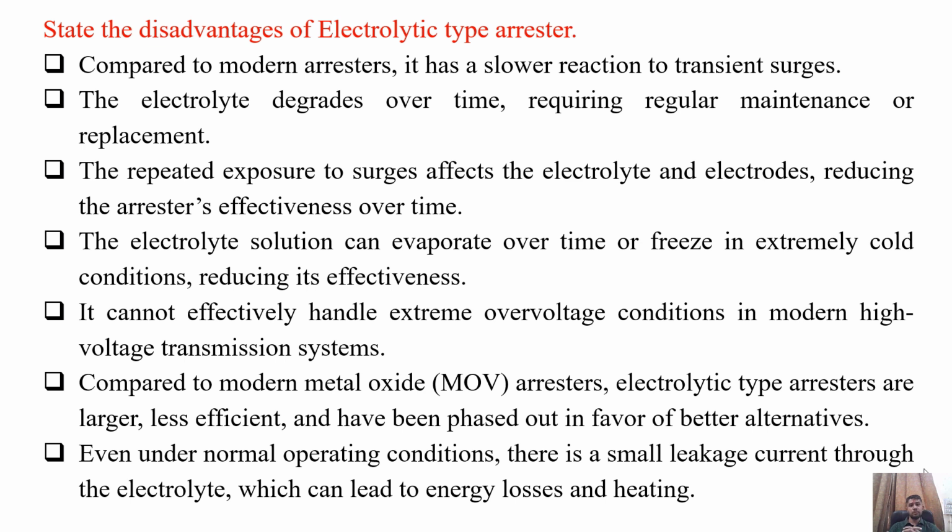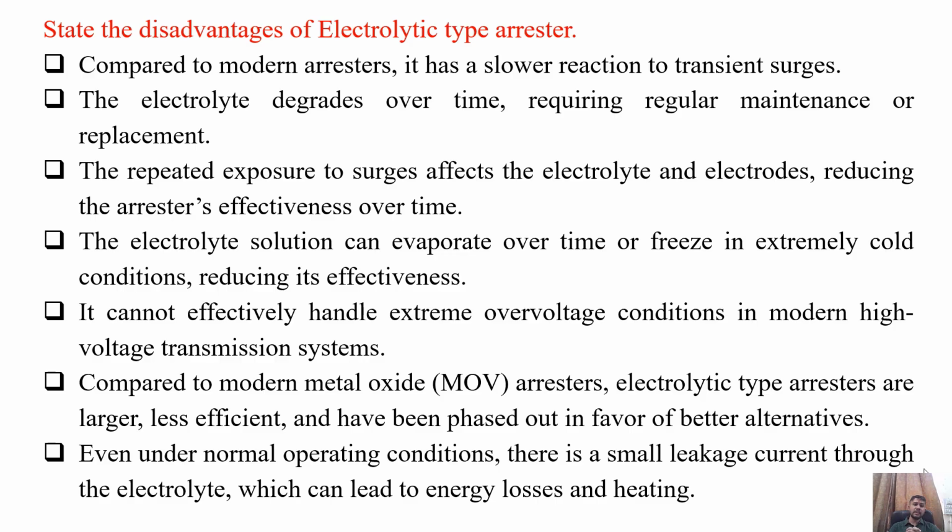The repeated exposure to surges affects the electrolyte and electrodes, reducing the arrestor's effectiveness over time. This electrolyte solution can evaporate over time or freeze in extremely cold conditions, reducing its effectiveness, and operation of the arrestor is at stake.